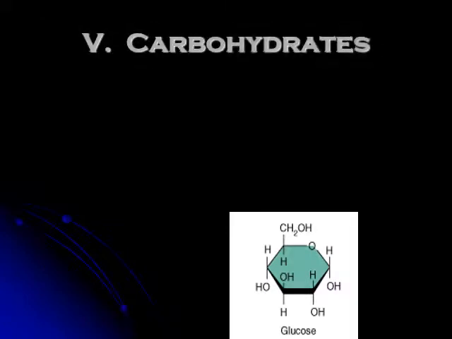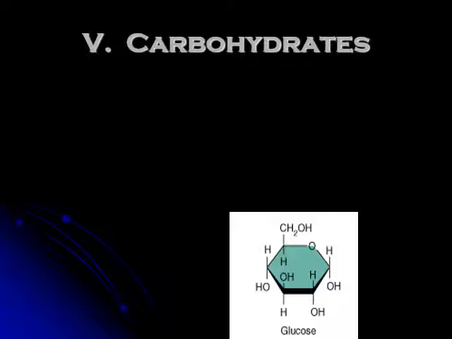So carbohydrates. This is really interesting. Why is a carbohydrate called a carbohydrate? Well, here's glucose, and glucose has the chemical formula of C6H12O6. If you have the ability to write that down somewhere, C6H12O6, I want you to reduce those numbers, divide everything by 6. And what will you get?